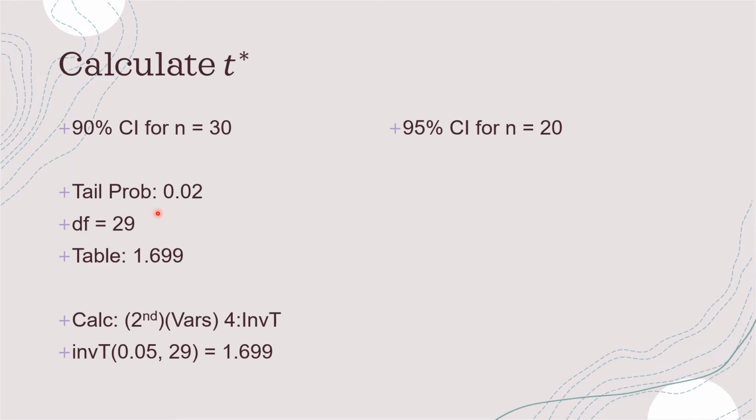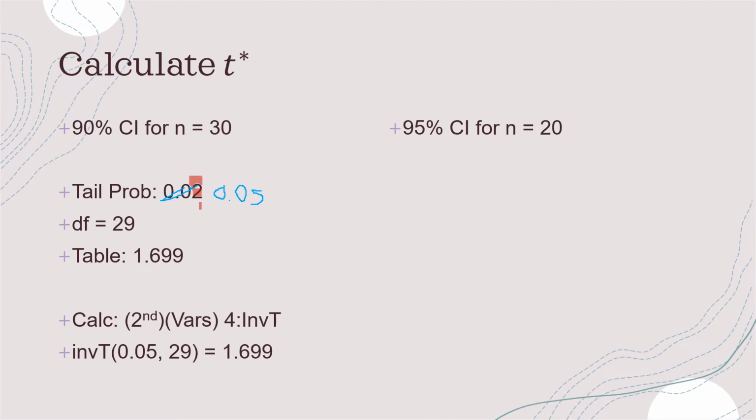Not 2, this should be a 5. DF would be 25, which means if you look at your table, you're going to use 1.96.